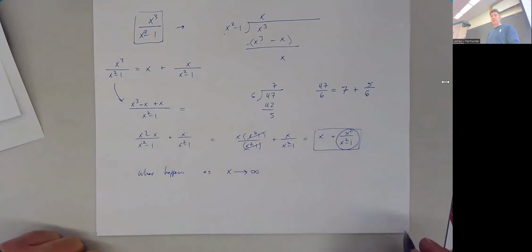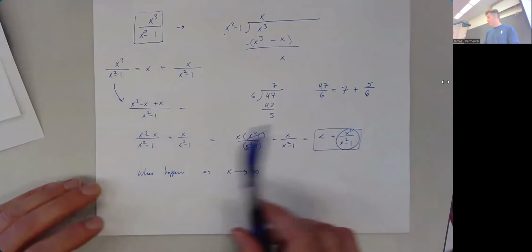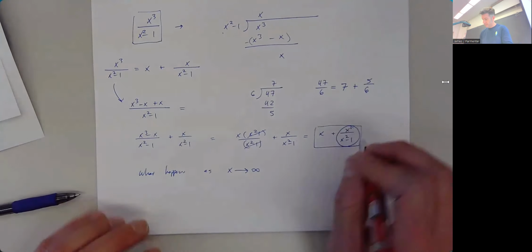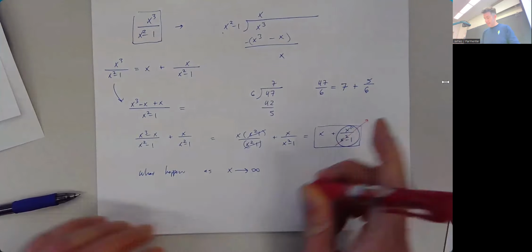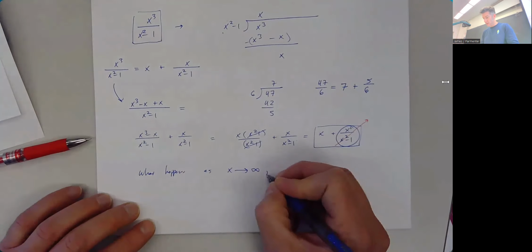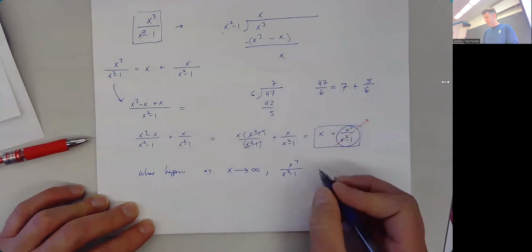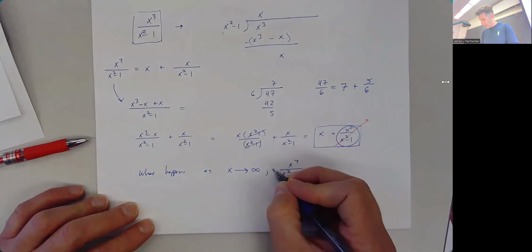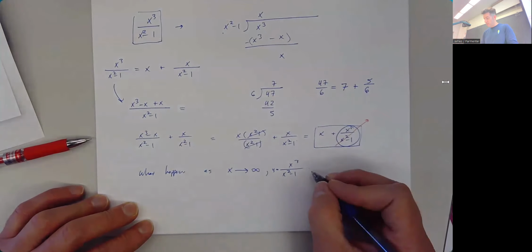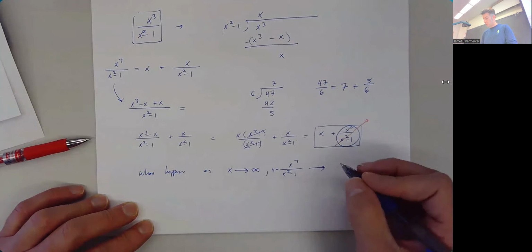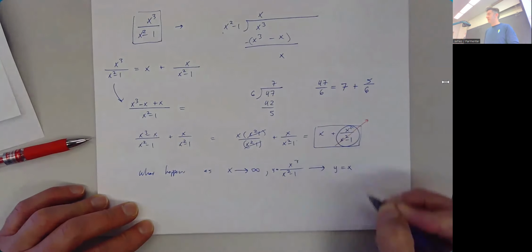And if you took the limit as x goes to infinity of this and divided everything by x squared, that would go to 0. So the point is, as x goes to infinity, y equals x cubed over x squared minus 1 becomes very close to the function y equals x.